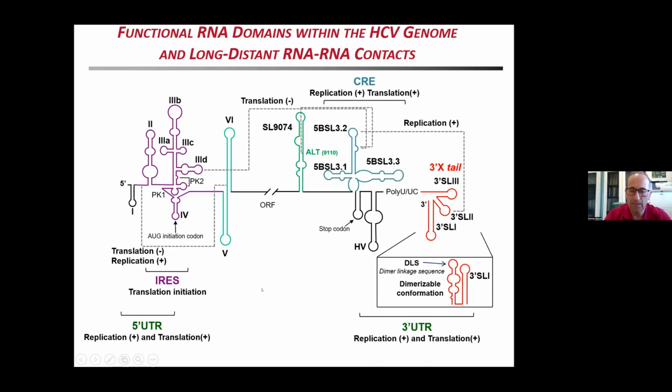So, as a summary of all this work, we propose that there exists a dynamic network of RNA-RNA interactions that is involved in the regulation of the essential functions of the virus. And in this dynamic network of interactions, it seems that the 5VSL 3.2 structural unit plays a central role.